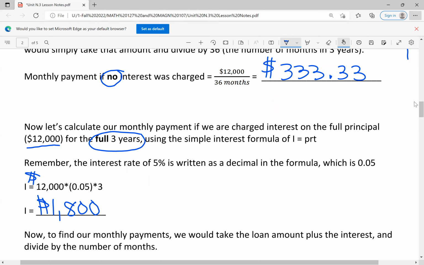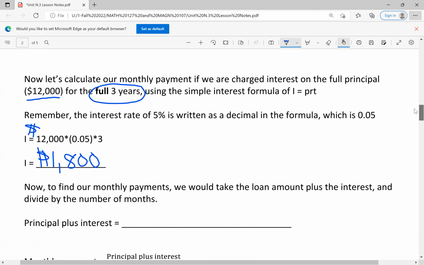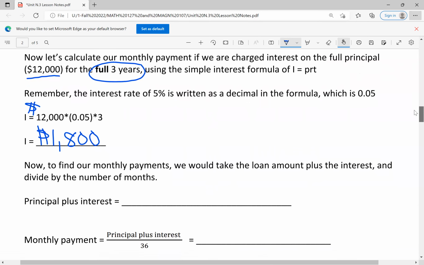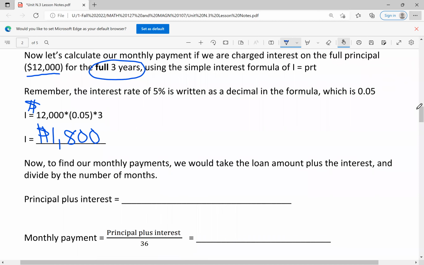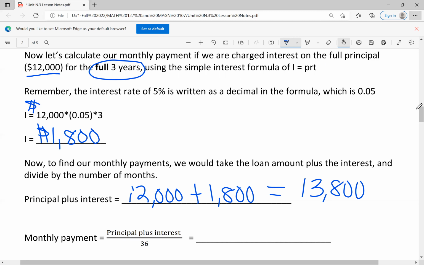To find our monthly payments, we would take the loan plus the interest. So that's $12,000 plus $1,800, which gives us our original loan amount plus interest is $13,800. Now, to figure our monthly payment there, we're going to take that amount. So that's the loan plus interest.